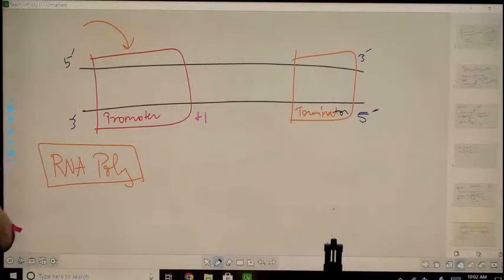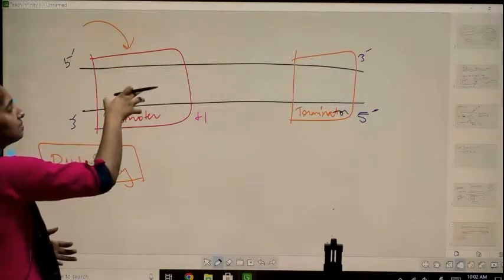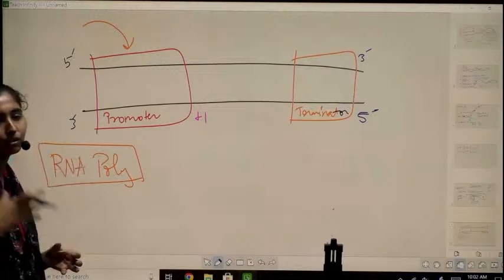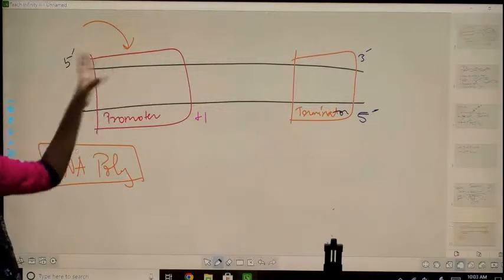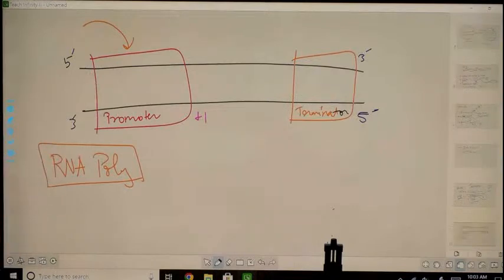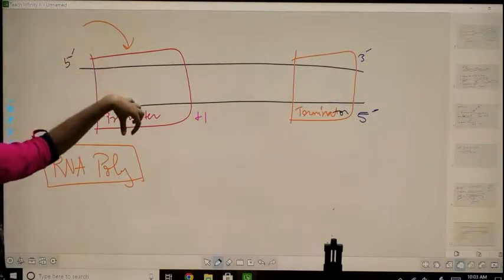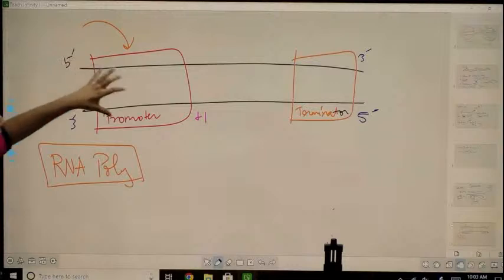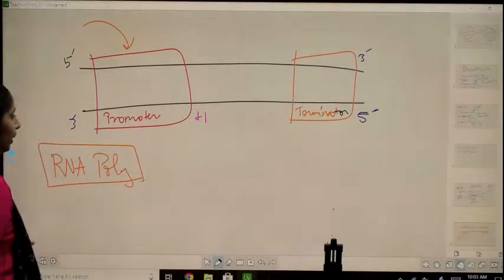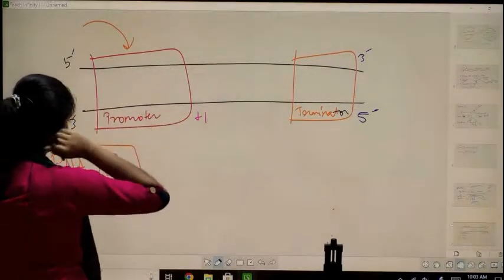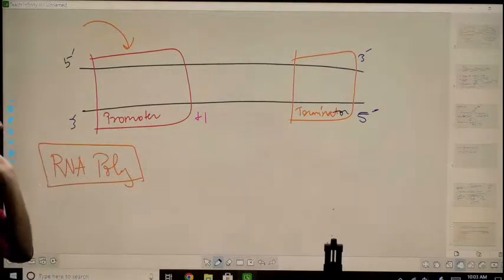As a result, throughout evolutionary history, the promoter sequence has been conserved. Why? Because if there is a change in the promoter, the RNA polymerase will no longer be able to recognize and bind to it. As a result, there will be no gene expression. So the promoter regions, like the TATA box, -10, -35, are all conserved.